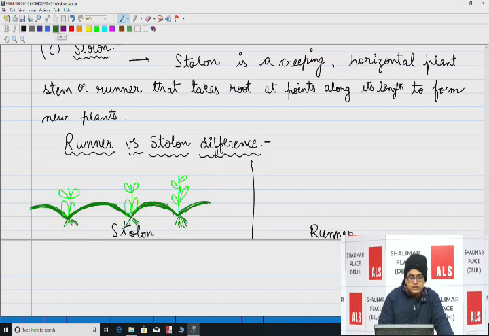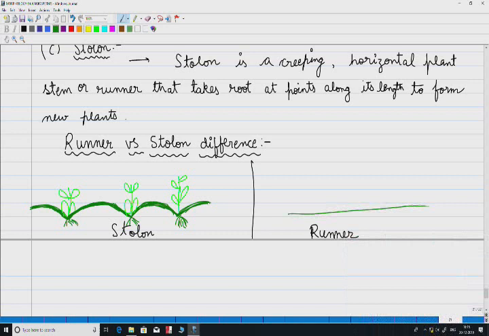If the runner is there, it will grow like this. This is parallel to the ground. So based on this, I want you to write at least one or two differences between runner and stolon. This is your homework.